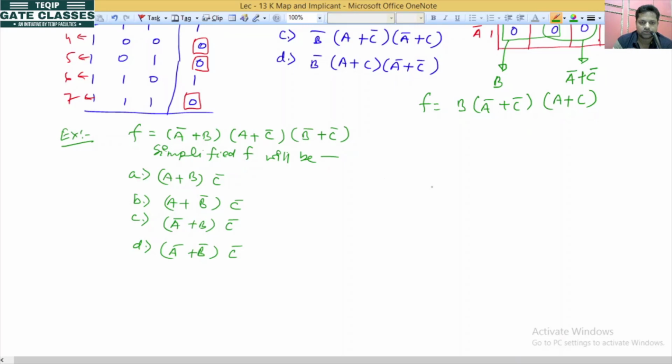Next, go for this one. Again, how many variables? 3 variables, so a 3 variable K-map will be there, and this is the product of max terms form. So we are going to form the max term K-map.